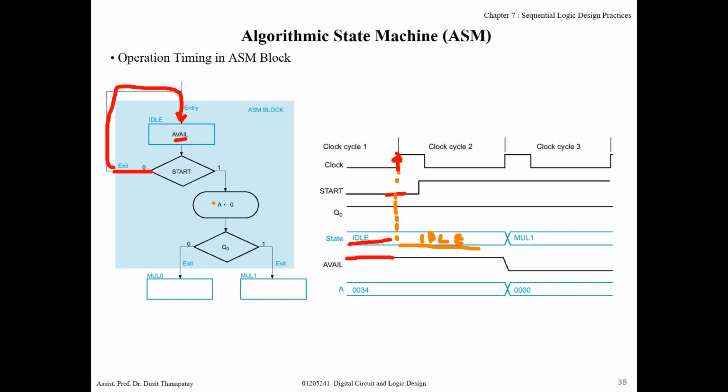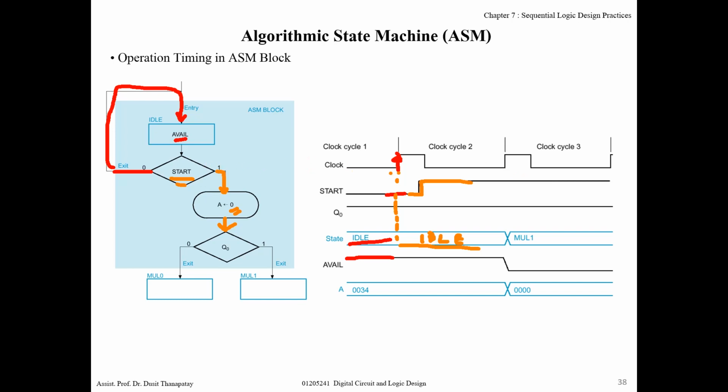And if start is 1, for example, changes to 1, we go in this direction. For this one, register A will be cleared. But not cleared suddenly, we just assign the clear signal to this register. The clear operation will happen when the clock ticks.